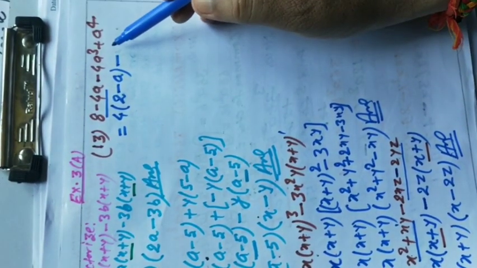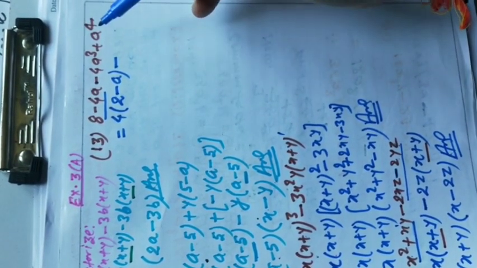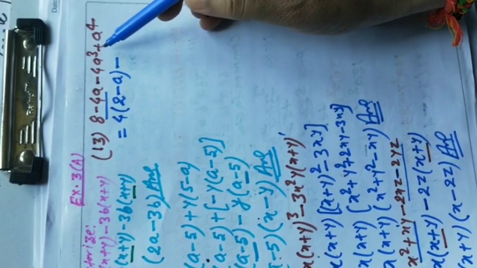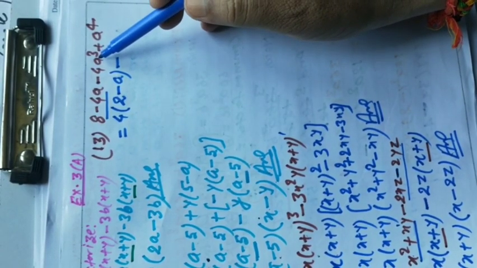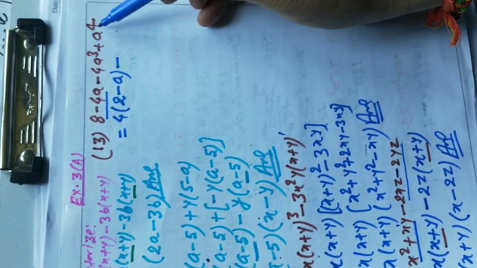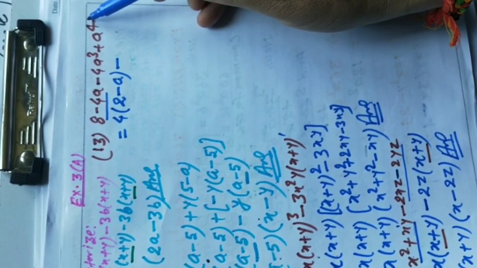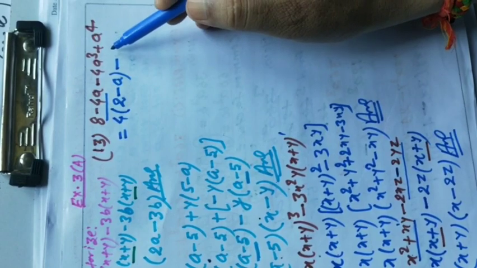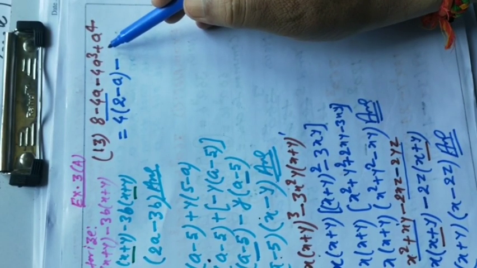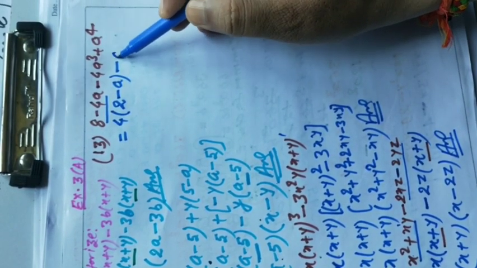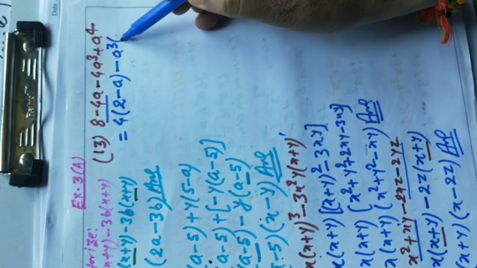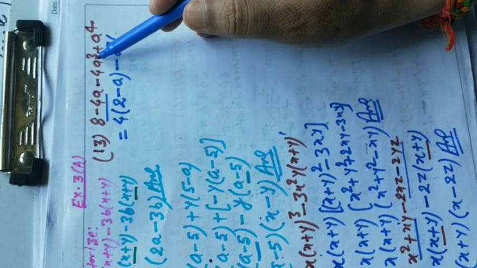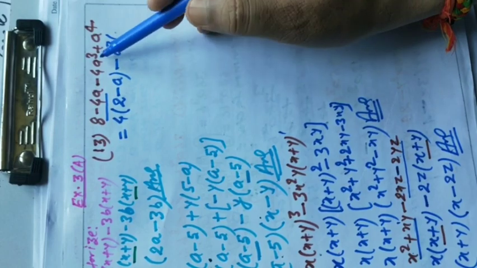So 1 will be the common factor. And now in the variable, a raised to the power 3 is here, and a raised to the power 4 is in the fourth term. So the lowest power, the lowest exponent will be common. So a raised to the power 3 is common. So we have taken a raised to the power 3 as common.